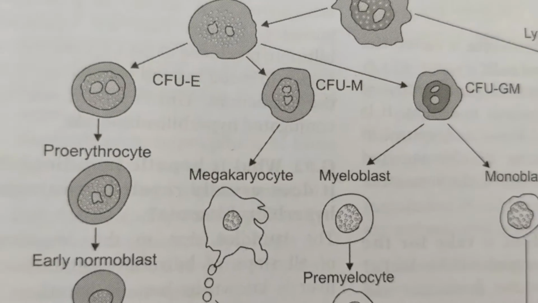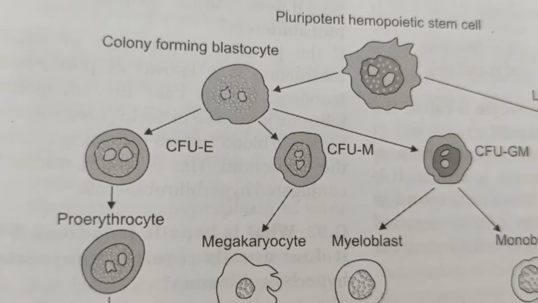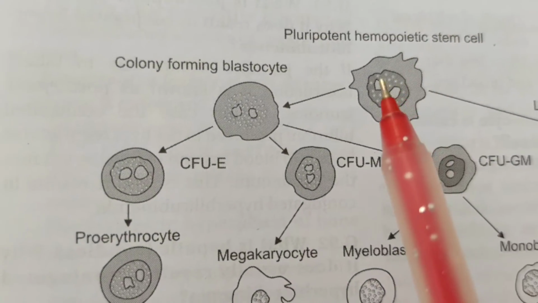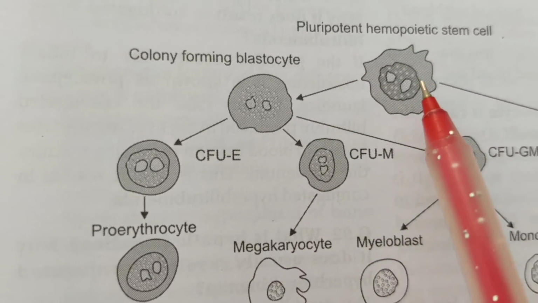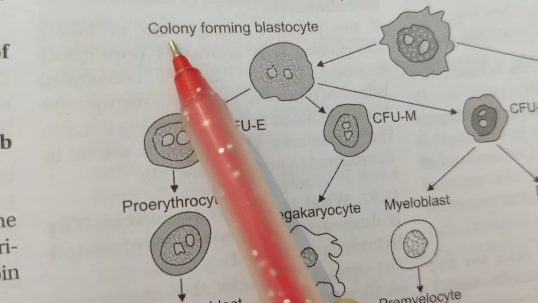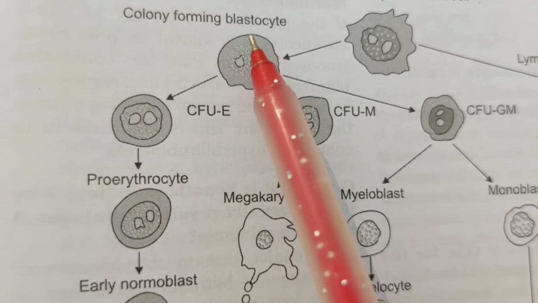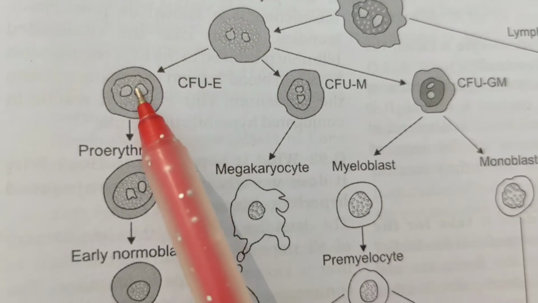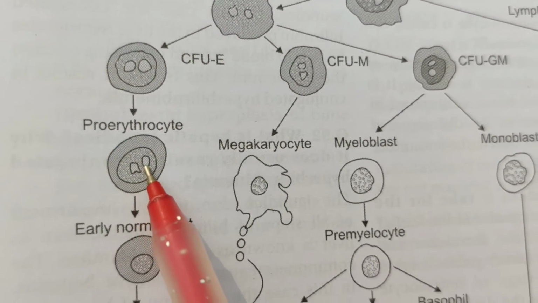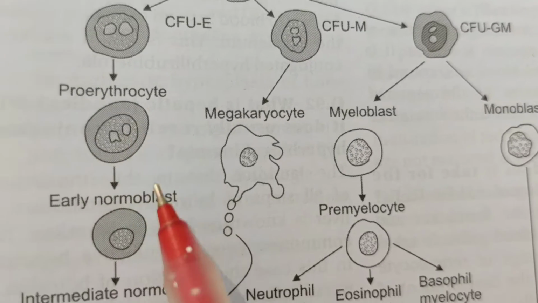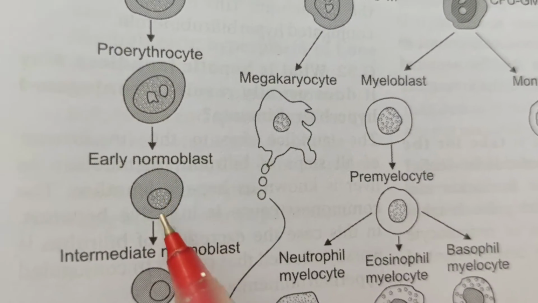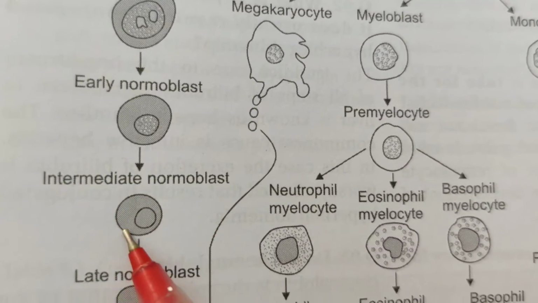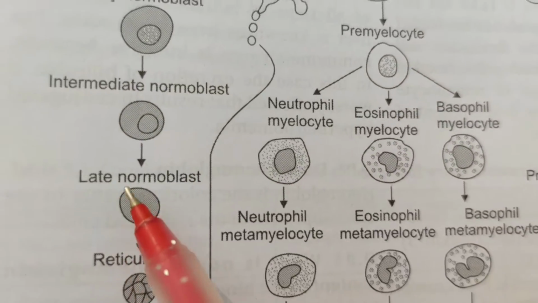Now, this is the process. You can see over here, this is the pluripotent hematopoietic stem cells, which forms blastocyte, this colony forming blastocyte, and from there it comes to proerythrocyte. From the proerythrocyte it becomes early normoblast stage by stage, then comes to intermediate normoblast, then late normoblast.